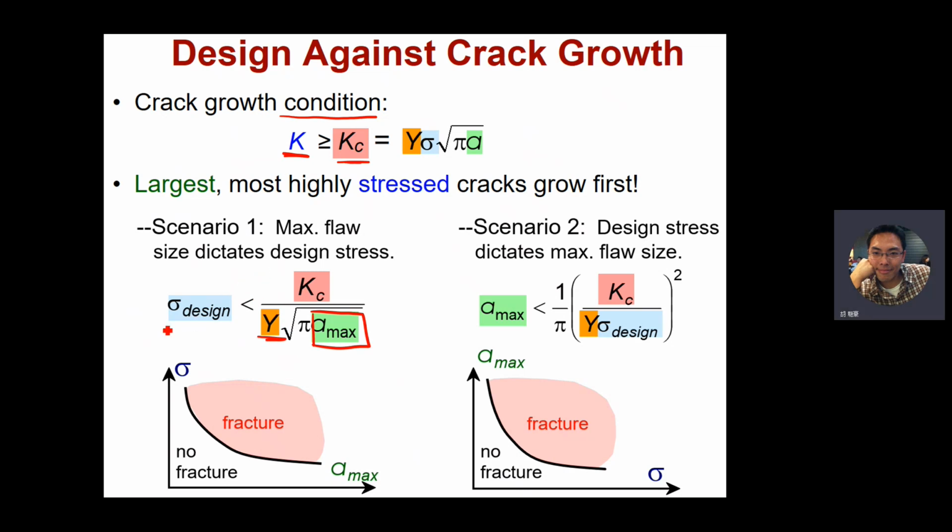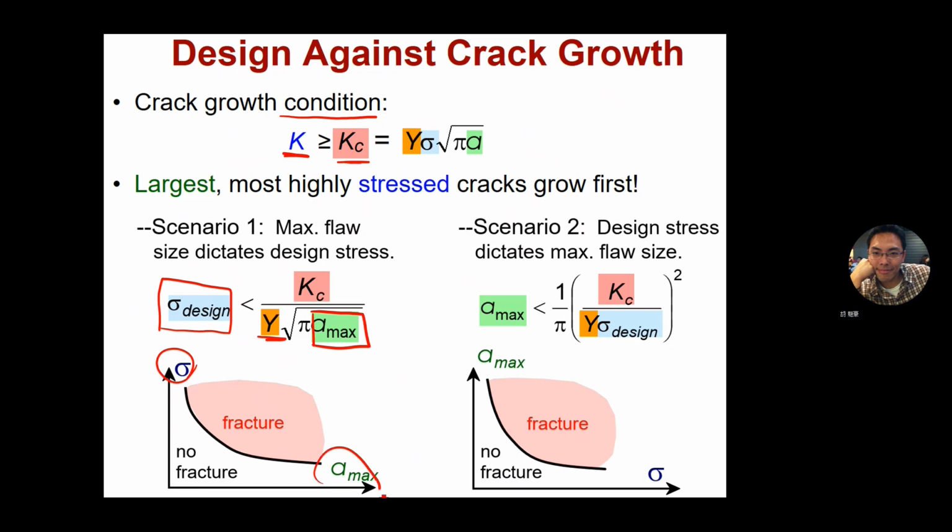So we can design this stress. We can plot the figure of stress versus what? The flaw size. If the component is designed within this range, that means the component will not fracture, right? Will not fracture.